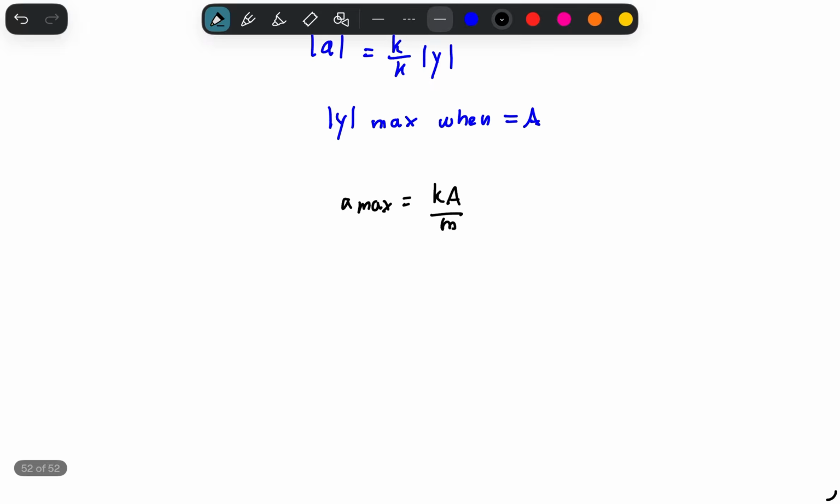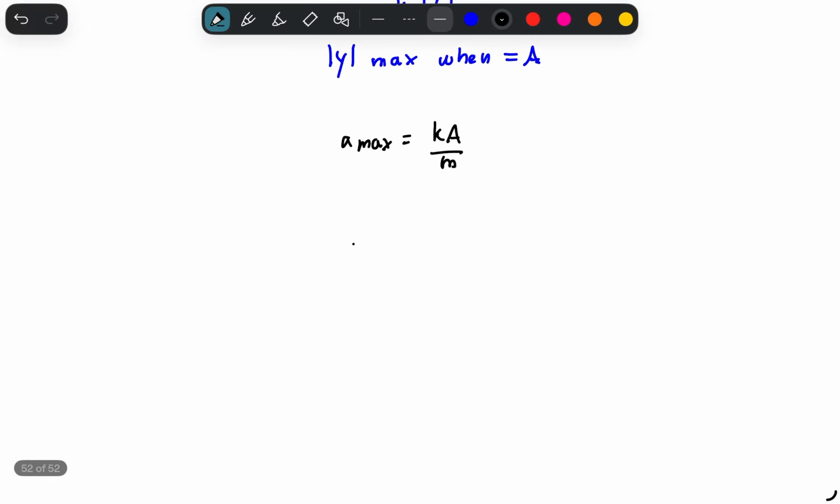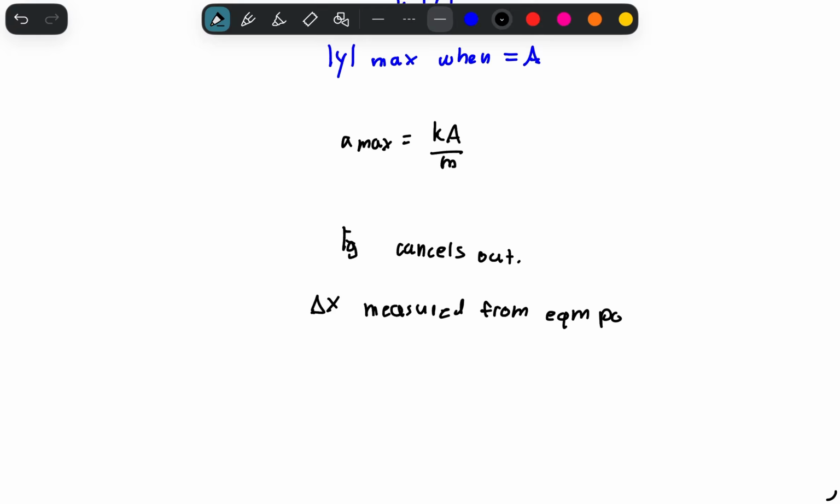That's because once displacement is measured from your equilibrium position, your Fg, your gravity, cancels out, because our displacement, again, was measured from the equilibrium position.